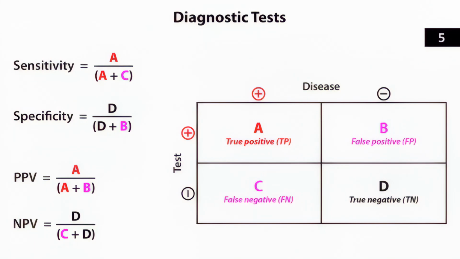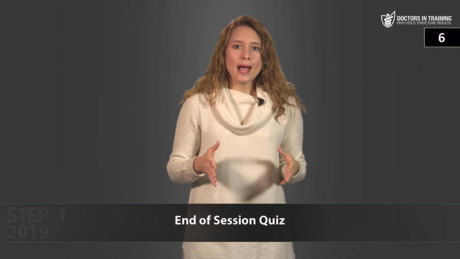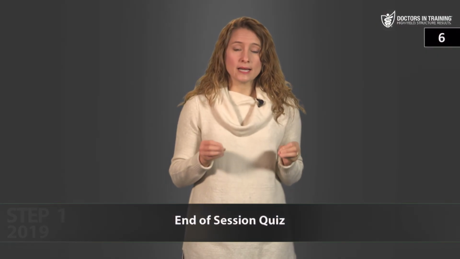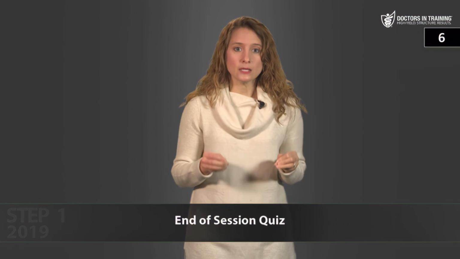And negative predictive value is the true negatives divided by the total sum of false negatives plus true negatives. So make sure you know those. We don't have a rapid fire facts section in the study guide, but if we did, it would be those 4 equations, so know them.